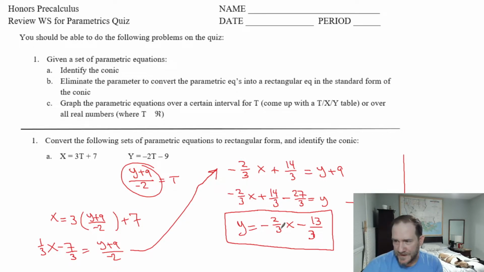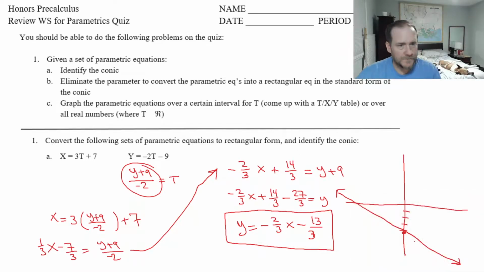Then our slope is -2/3, so go down 2 and over 3, and down 2 and over 3, and we're going to get a line, and it goes something like that. That's about it, I guess. So again, the big... Oh, rats. My face is in the way. There you go. This is the graph.